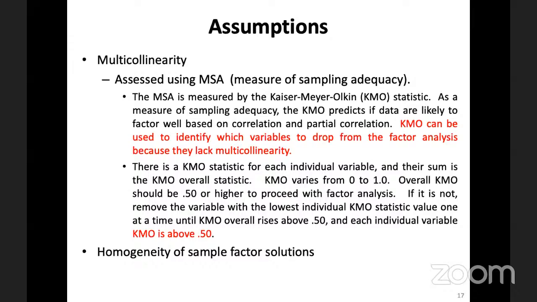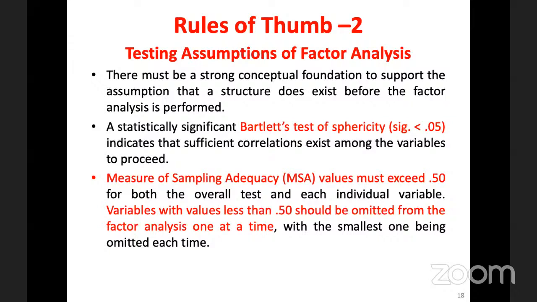Homogeneity of sample should also be there, that whatever sample we have taken should show homogeneity in itself. So whenever we are conducting factor analysis, we first see the correlation of all the variables, and the test is called Bartlett's test of sphericity, which checks whether the full correlation matrix is significant or not.